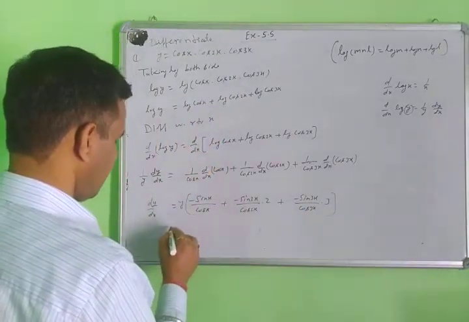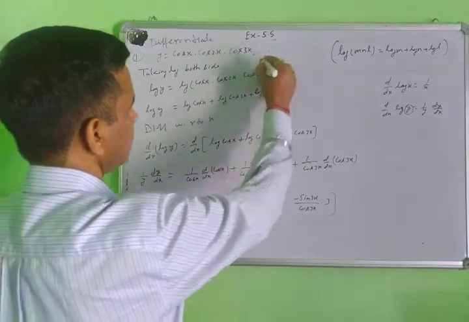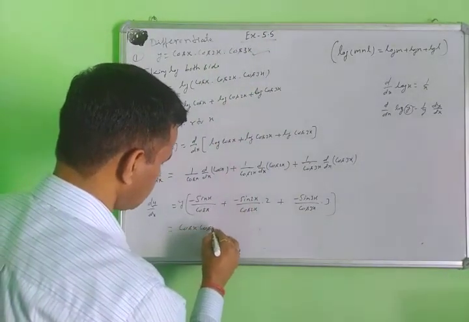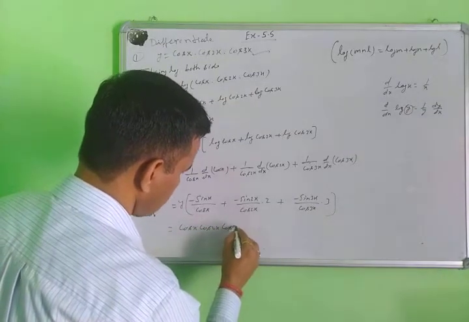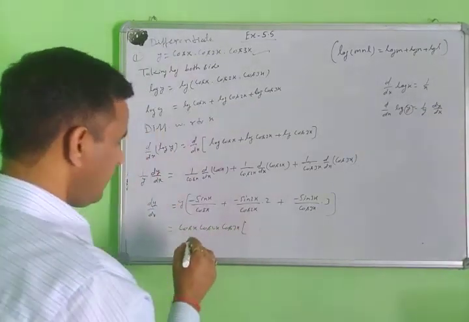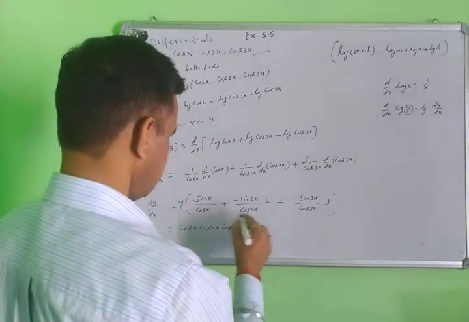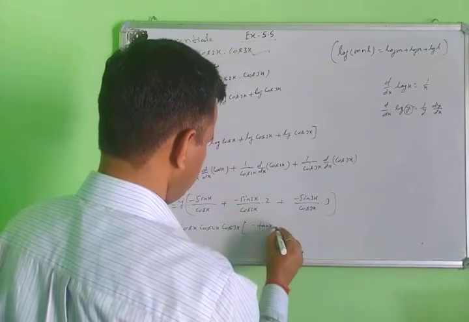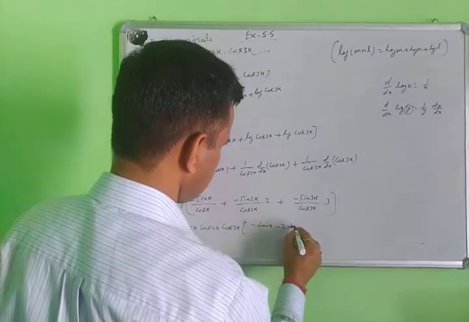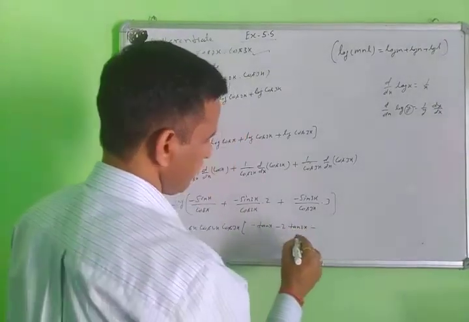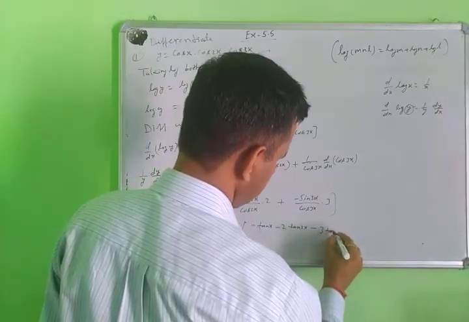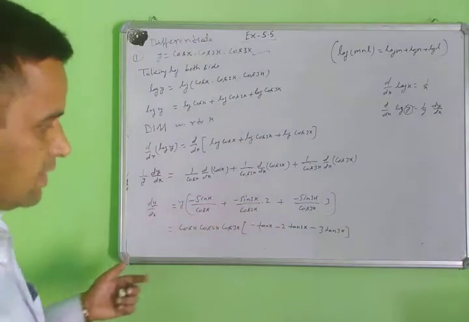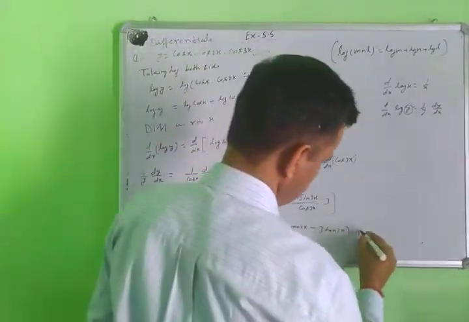Multiply by y. Putting the value of y, which is cos x, cos 2x, cos 3x, we get minus tan x minus 2 tan 2x minus 3 tan 3x. You can take this as your answer.